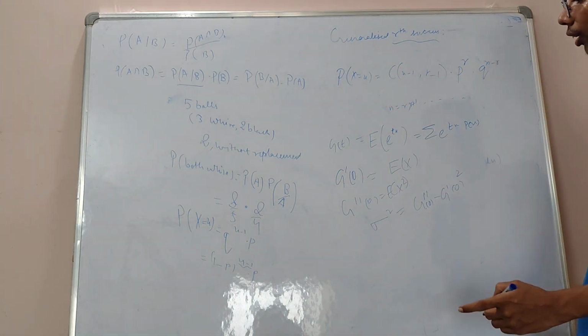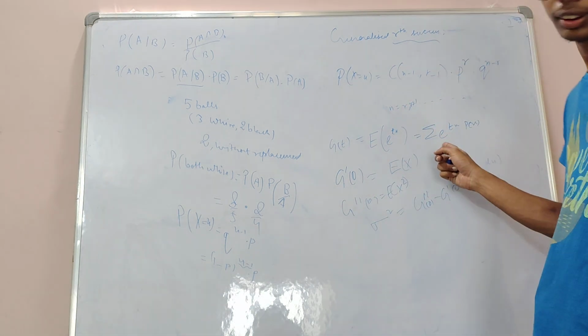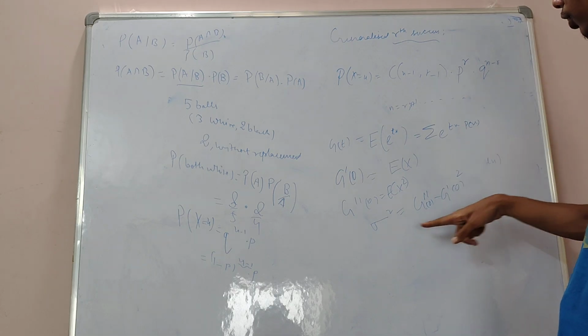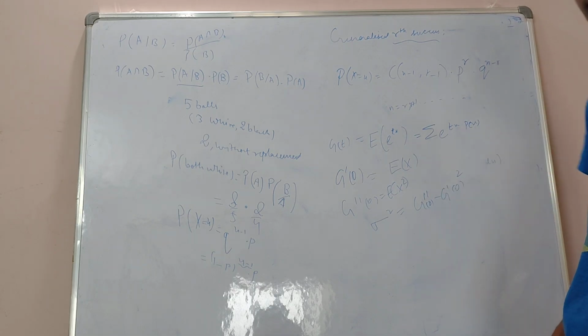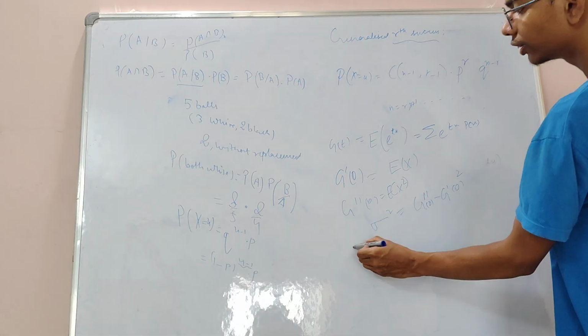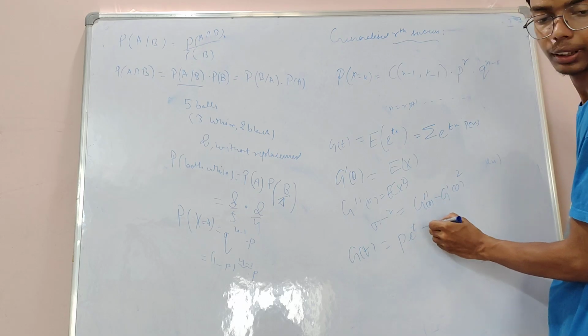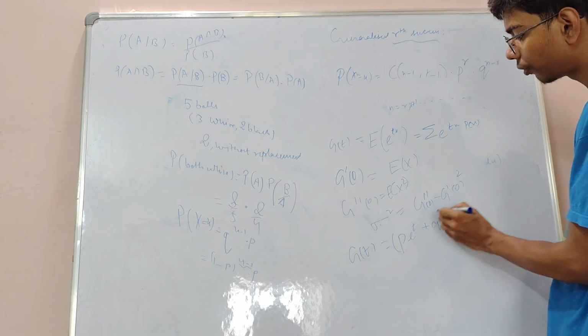So I can accordingly find the variance. Now, the MGF of the binomial distribution. Suppose g of t is given as (p e to the power t plus q) to the power n.